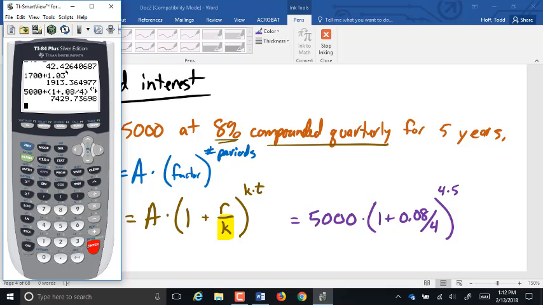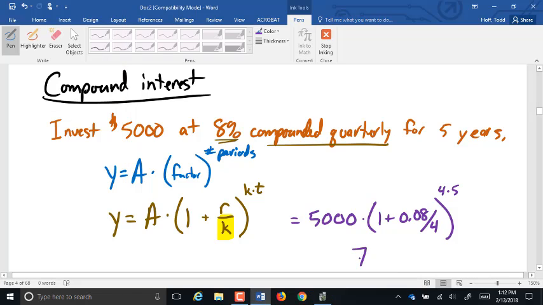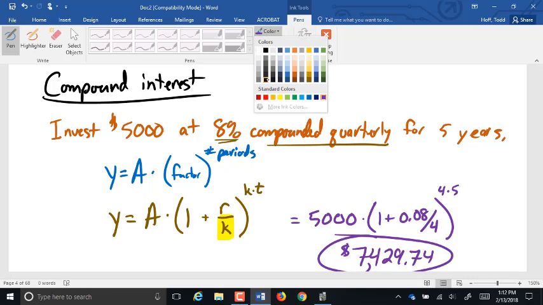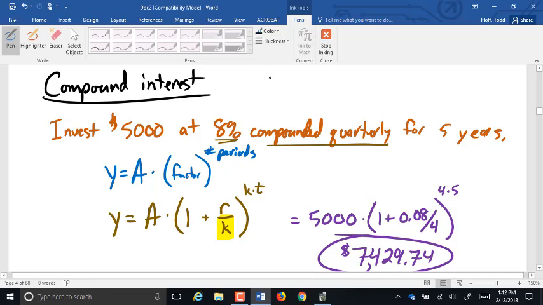Giving us 7429.74. So at the end of 5 years, that would be $7,429.74. That's 4 times 5. Yep. That's K times T. K is 4 times a year because it's compounded quarterly, and T is 5 years.